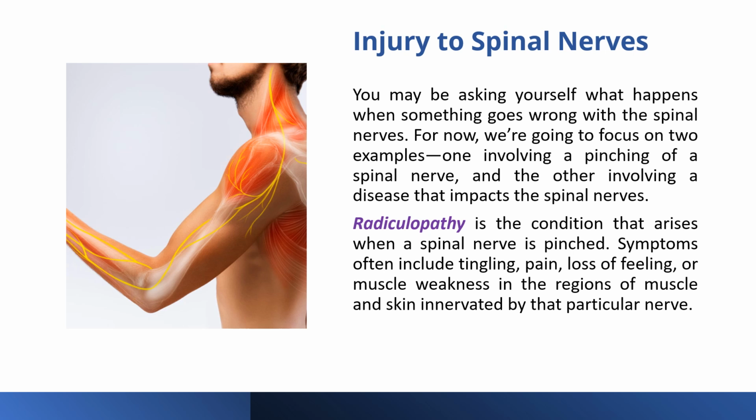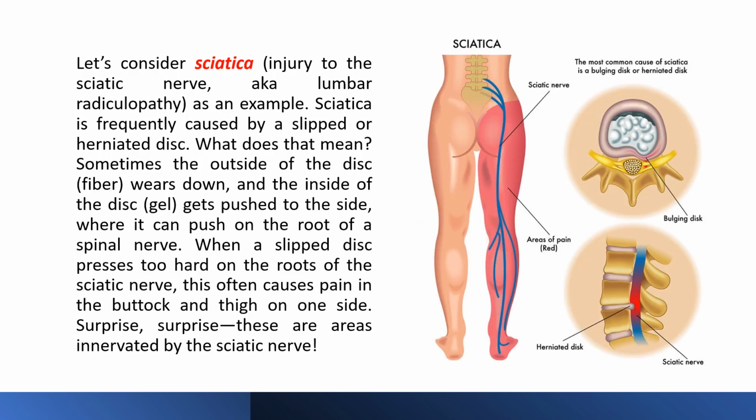Symptoms often include tingling, pain, loss of feeling, or muscle weakness in the regions of muscle and skin innervated by that particular nerve. Let's now consider sciatica, which is injury to the sciatic nerve, otherwise known as lumbar radiculopathy. Sciatica is frequently caused by a slipped or herniated disc.